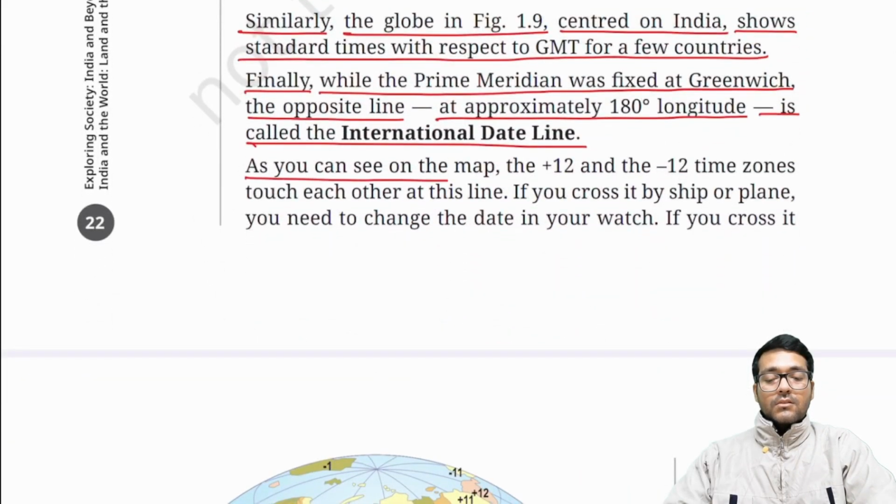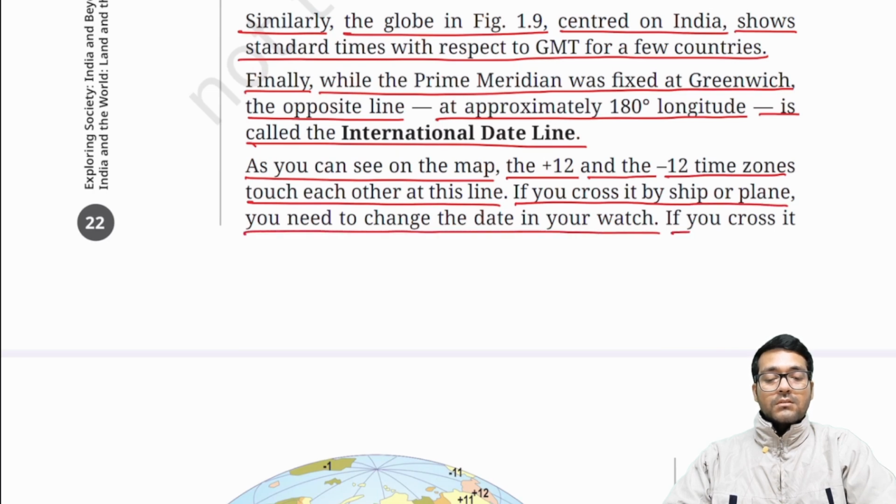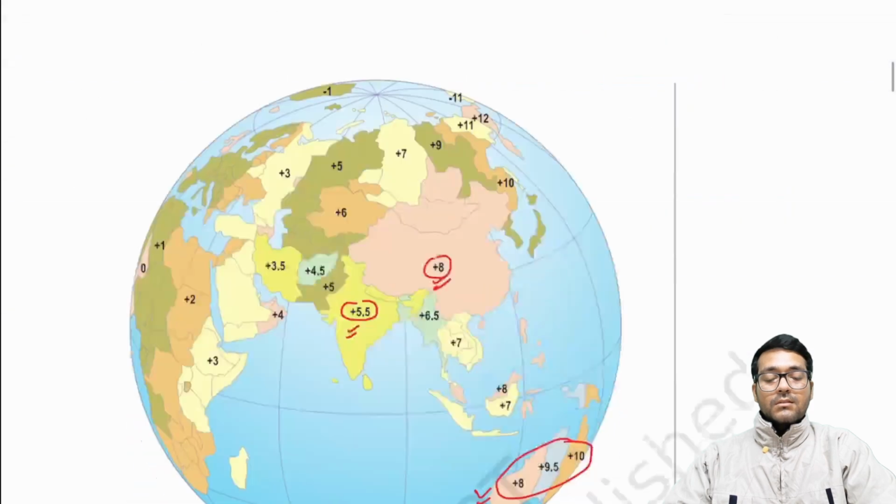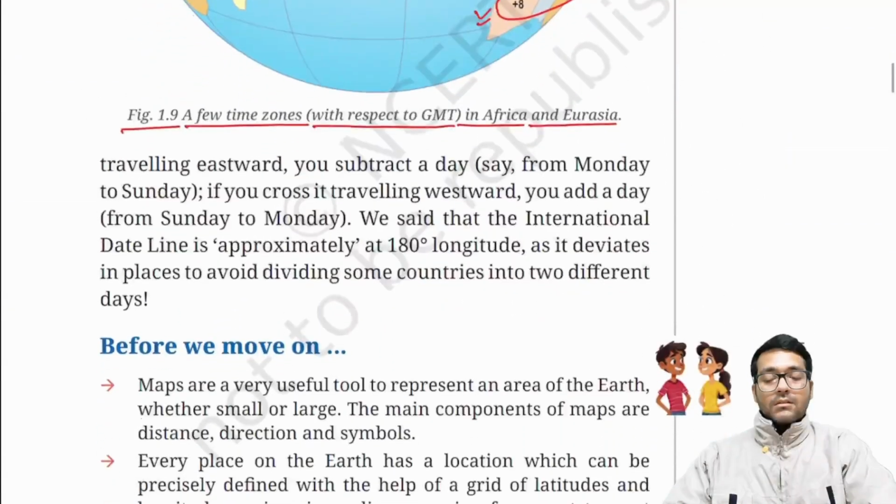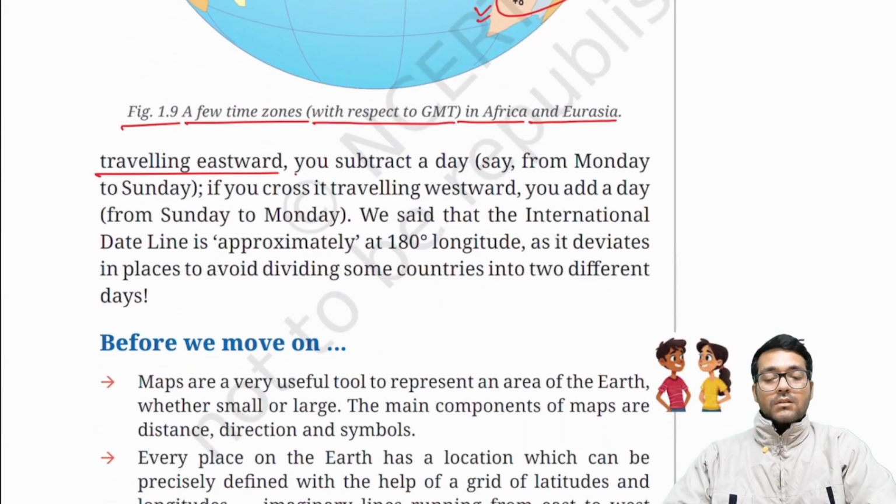As you can see on the map, the plus 12 and the minus 12 time zones touch each other at this line. If you cross it by ship or plane, you need to change the date of your watch. If you cross it traveling eastward, you subtract a day, say from Monday to Sunday.